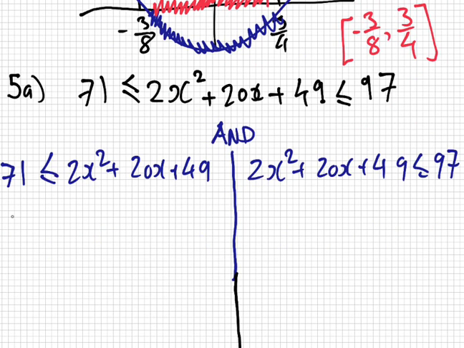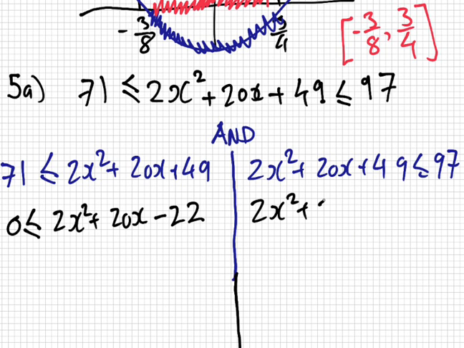Okay, so this is 0 greater than 2x squared plus 20x. Now what's 49 minus 71? Minus 22. And then here it's 2x squared plus 20x, and then 49 minus 97? Minus 48. Less than or equal to 0.